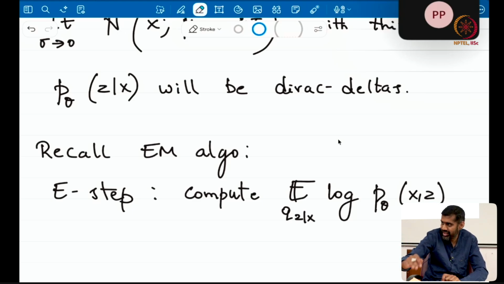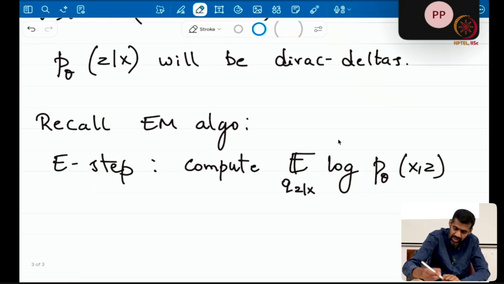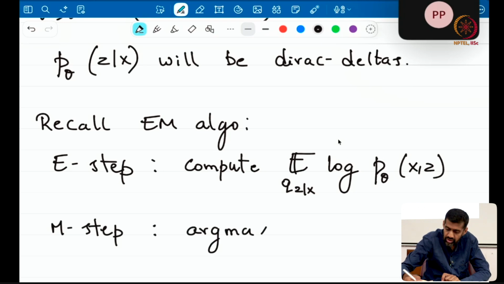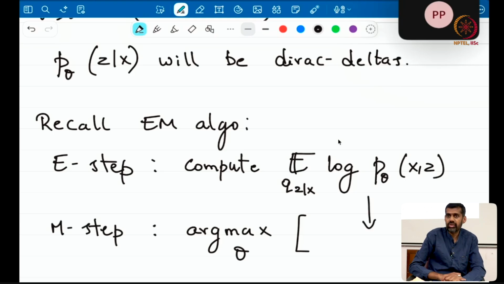So this is the E step, and what is the M step? We had to do the argmax over the parameter space of this objective function. So these are the EM steps that we do.